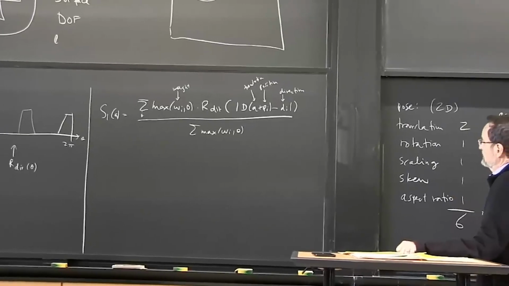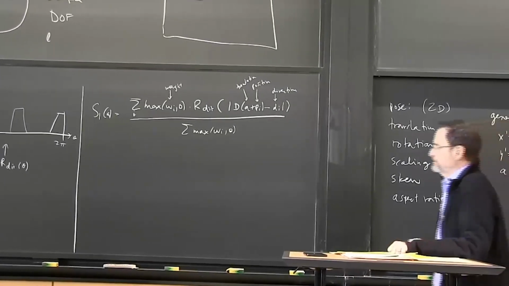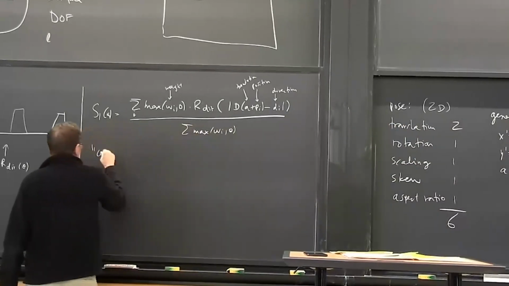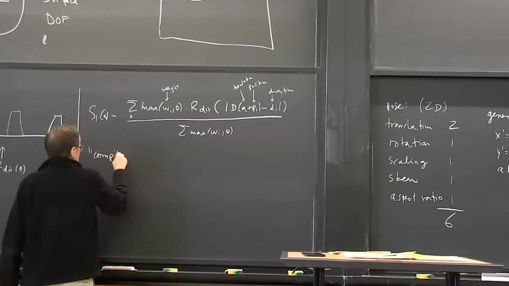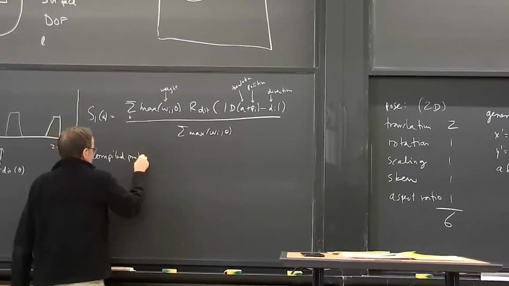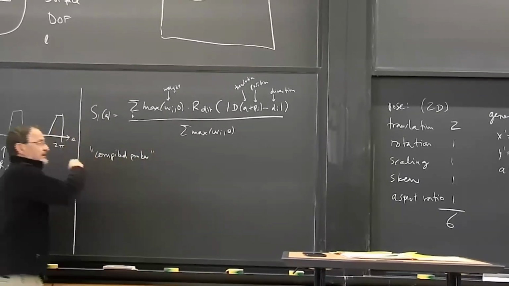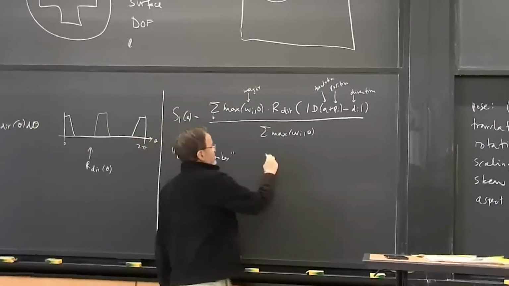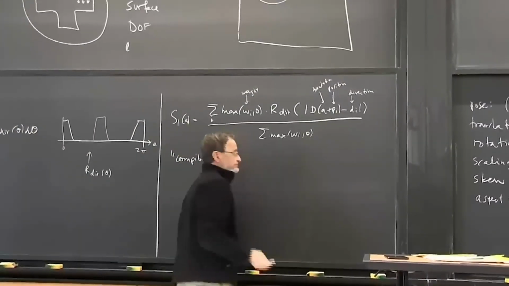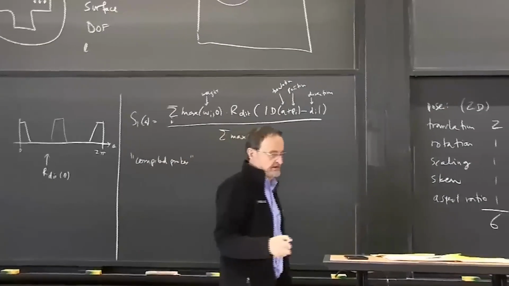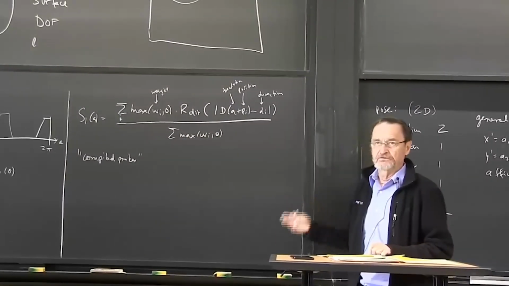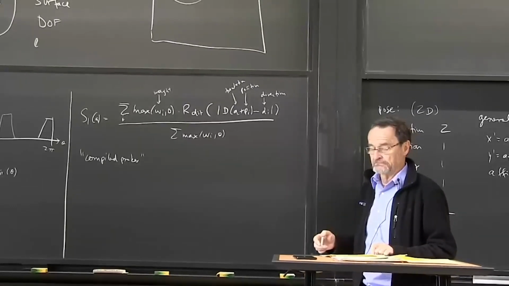So what happened to the other components of the pose? Well, at this point, we're dealing with compiled probes. So here we're just varying the translation A. We've already mapped the probes according to the other components of the pose.